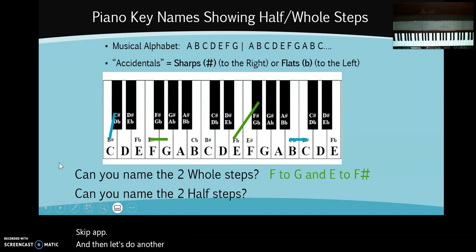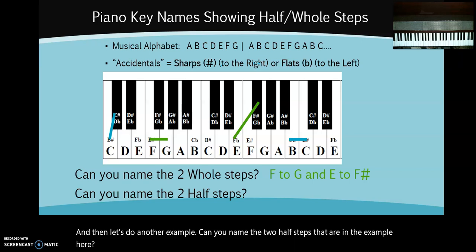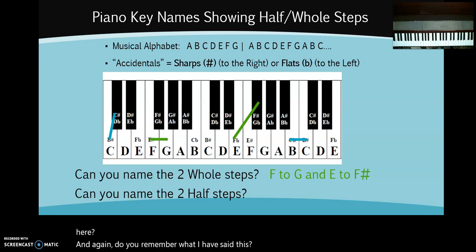And then let's do another example. Can you name the 2 half steps that are in the example here? And again, do you remember what a half step is? I'll give you a second.